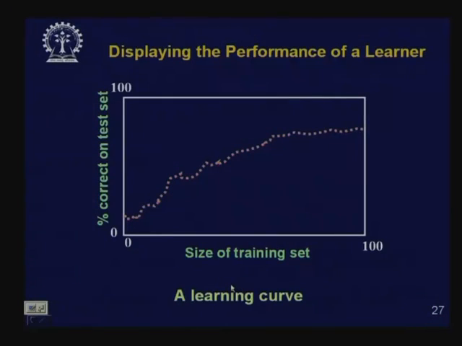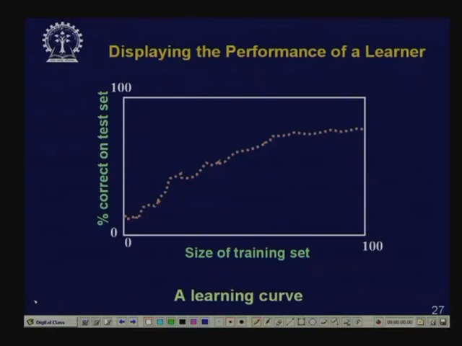Now, when we test the accuracy of the classifier, we will get some sort of curve like this. What we expect is, as the size of the training set increases, the accuracy of the classifier may increase. So, we plot on the y axis the accuracy of the classifier, and we measure the accuracy of a classifier on a test set which is disjoint from the training set.